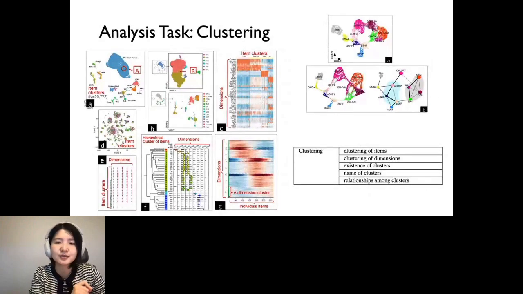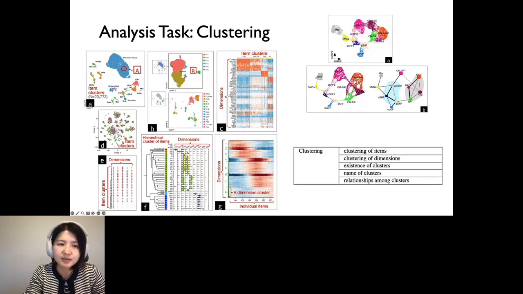For clustering-based analysis, which is actually the most dominant analysis task in our visualization corpus, we can see the dominant visualizations are scatter plots and heat maps, which is not surprising, but also combinations of those two.